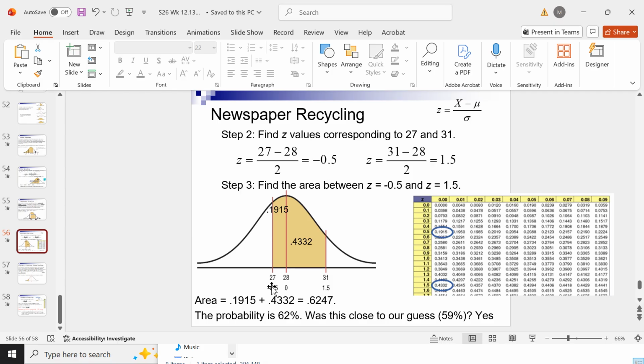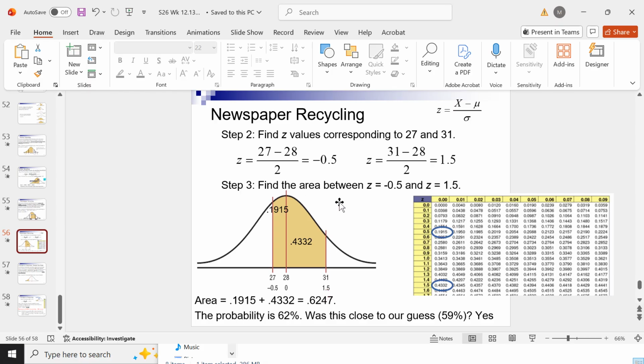That makes sense because this is in the negative region. And then for 31, Z is equal to 31 pounds minus 28 pounds mean, divided by 2 pound standard deviation, gives us a Z score of positive 1.5, which makes sense because it's on the right-hand side.